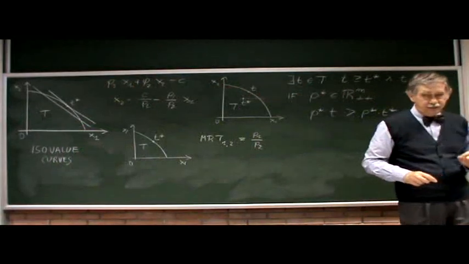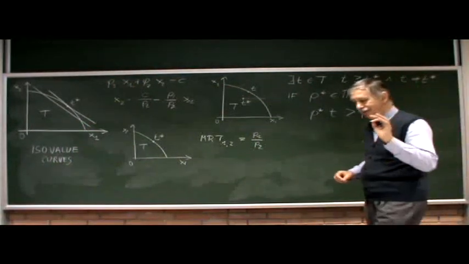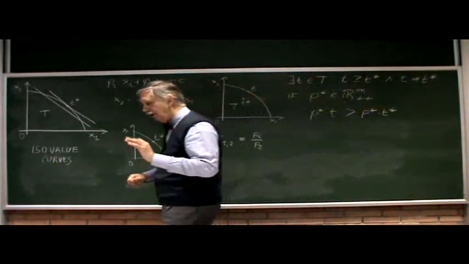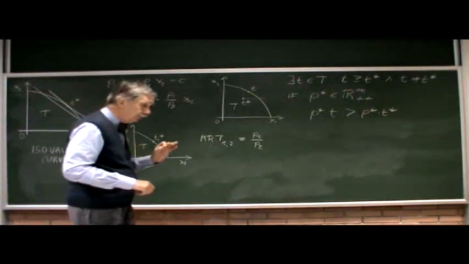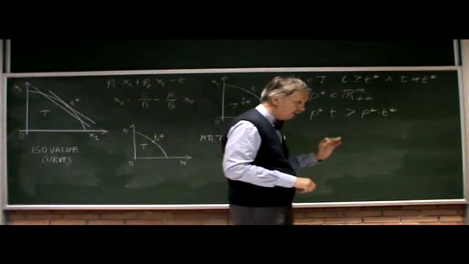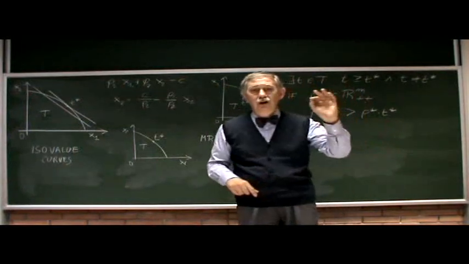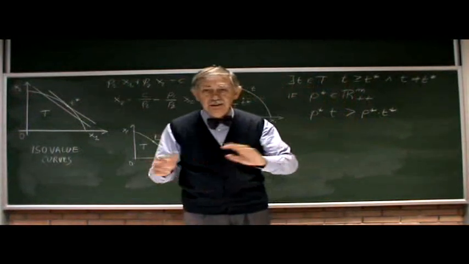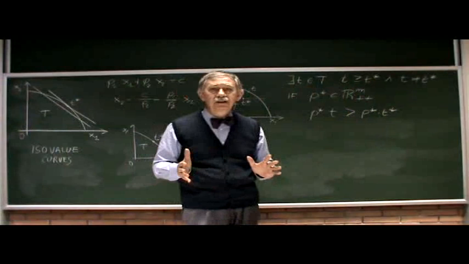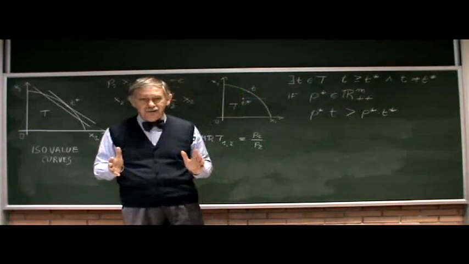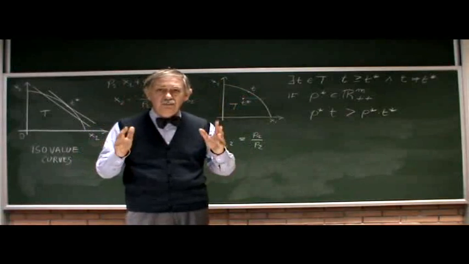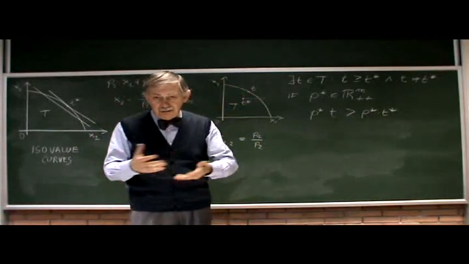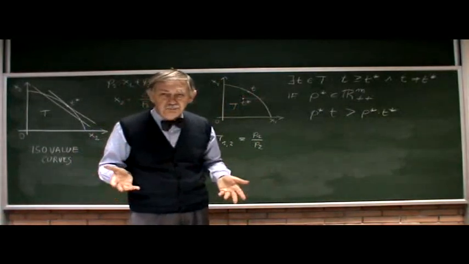Now, we shall prove the fundamental first theorem of welfare economics. In equilibrium, there is not only an efficient allocation of factors between production sectors, but also an efficient allocation of consumption goods among households, the real Pareto optimum.